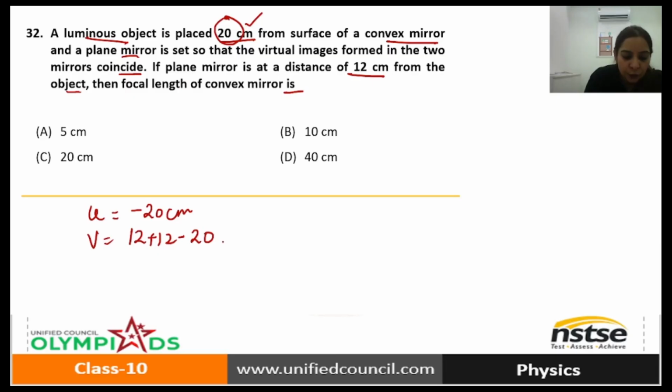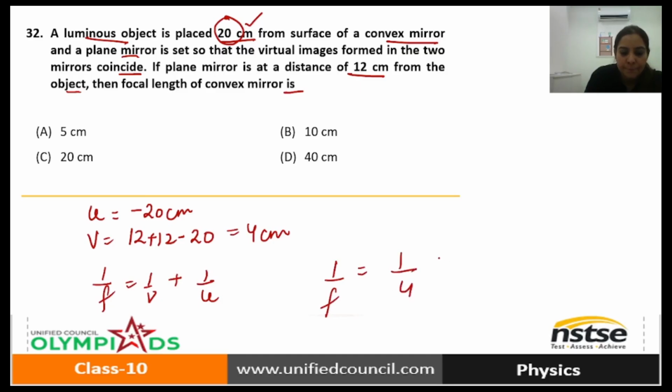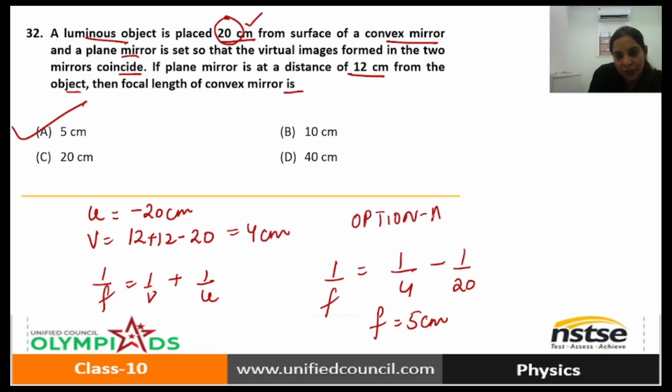So V comes out to be 4 cm. Now if you use the mirror formula, which is 1 by F equals 1 by V plus 1 by U, and put the values here, I am directly changing the sign. So F comes out to be 5 cm. It comes out to be 1 by 5, we can take it as 5. So therefore the correct answer here in this case is option A.